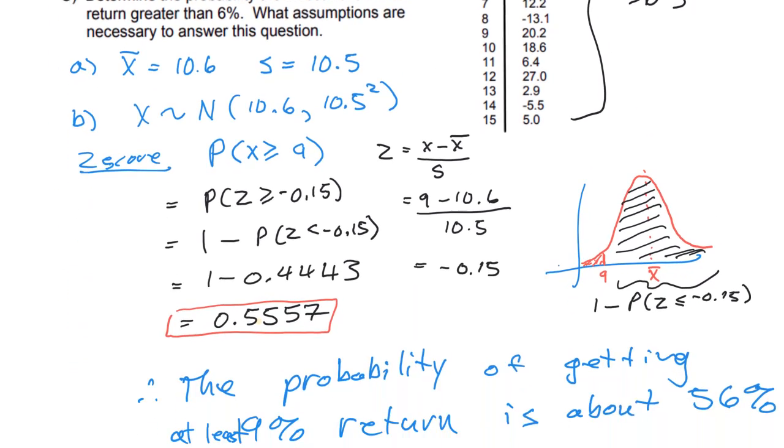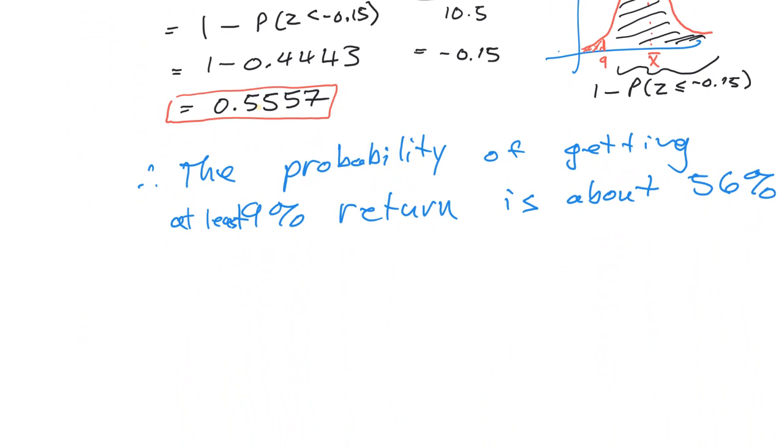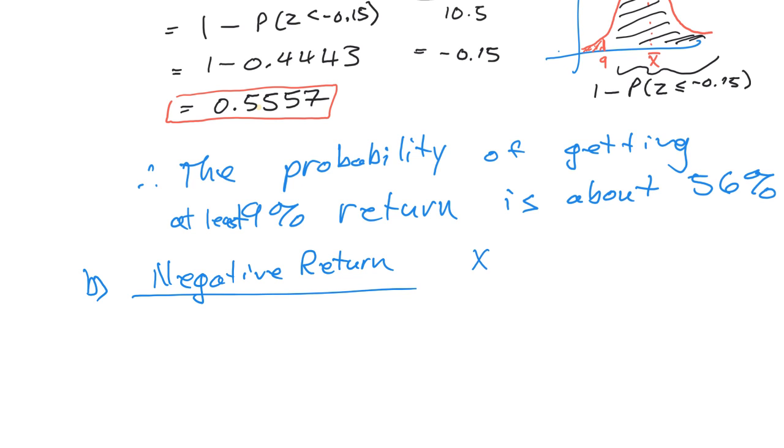So when we're talking about our random variable, for B, when we're talking about a negative return, we're actually talking about x being less than 0. So what we want is the probability of x being less than 0. We need to translate this into a z-score. So z is equal to x minus x bar divided by s.